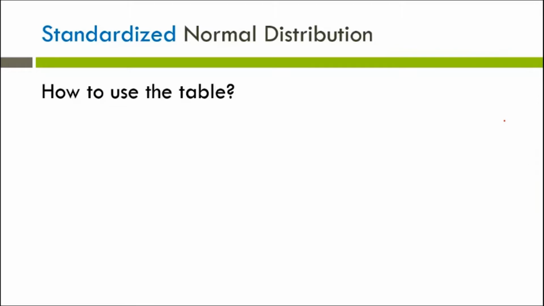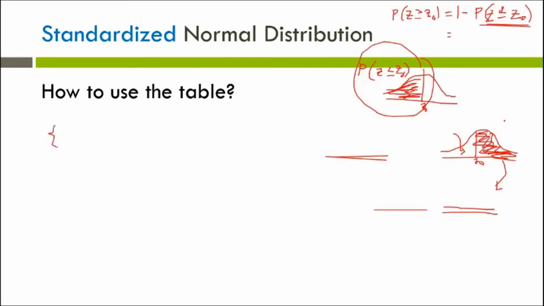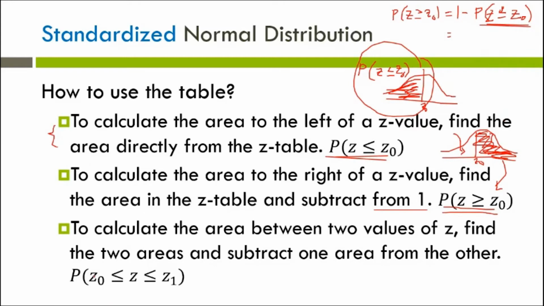Now, if you are going to calculate the area in between two z's, this will be our notation. To convert it, that would be P(z less than or equal to z sub 1) minus, subtract it by, the one which has the lesser value, so P(z less than or equal to z sub 0).